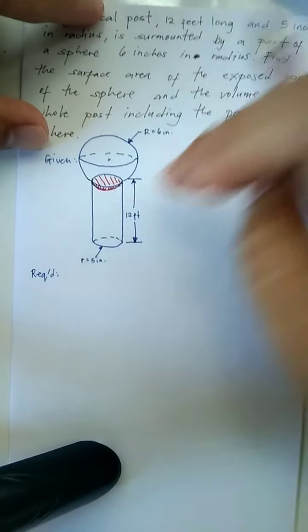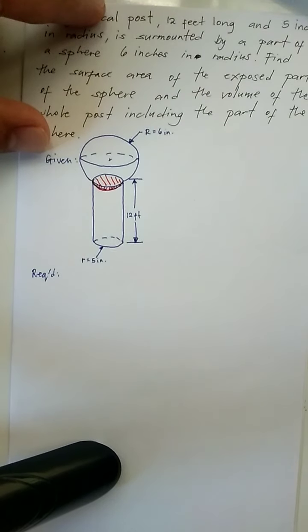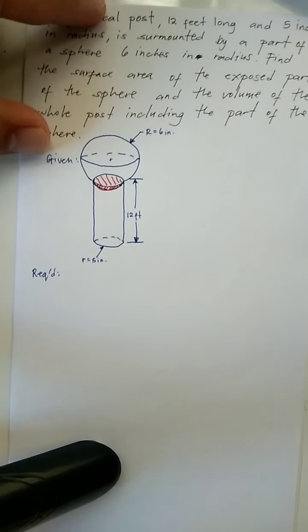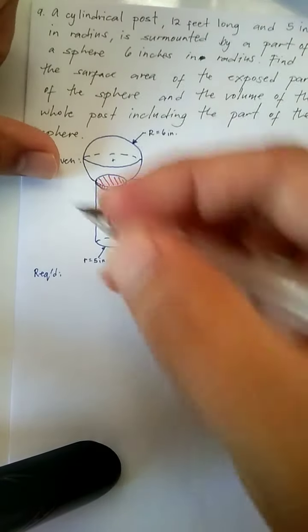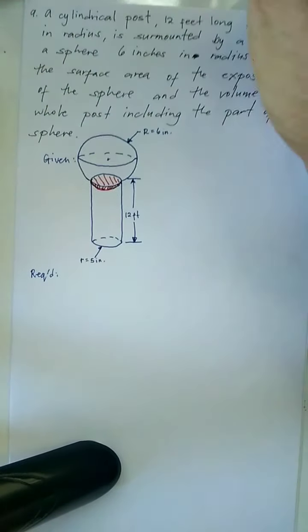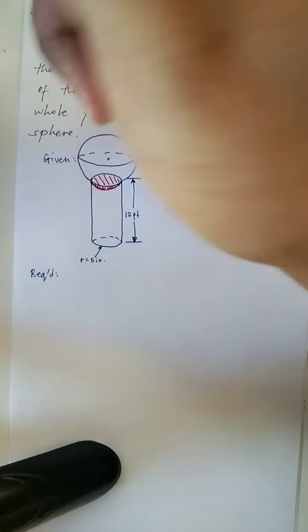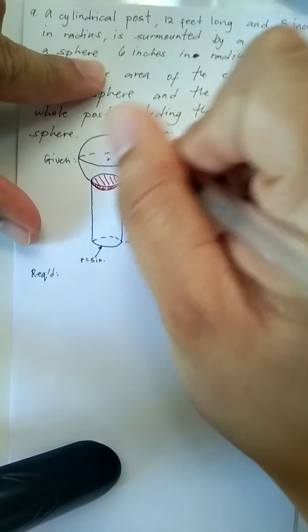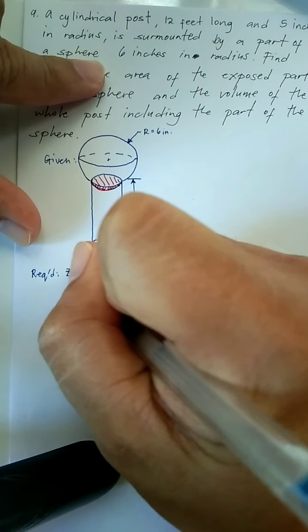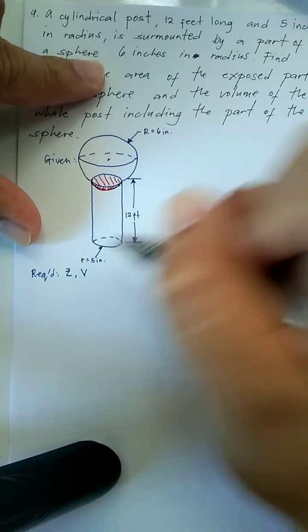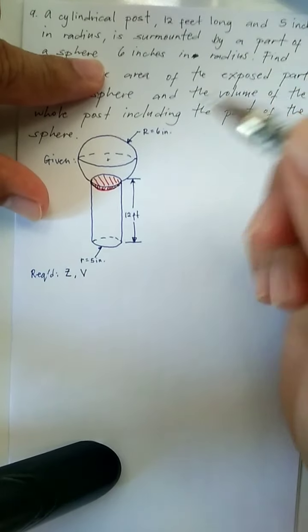That part is the hidden part of the sphere, as opposed to the exposed part. So first we are asked to find the area of the exposed part, so that means that's the zone. And then the volume of the whole cylindrical post.